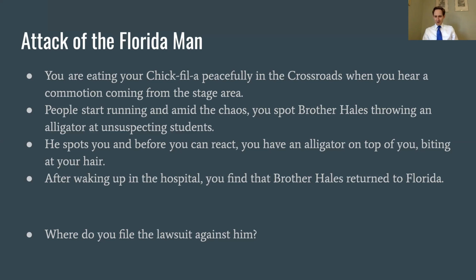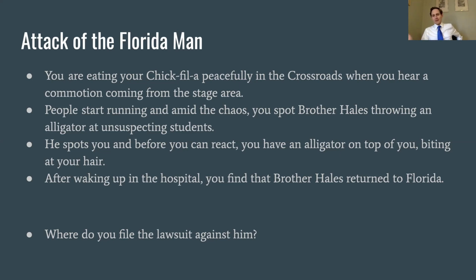Here is the scenario. You are about to get attacked by me. If you didn't know this, I moved here from Florida to start working at the university. Florida is known for having crazy people, and you'll see this if you're following me on Twitter and the legal issues that I'm putting out.